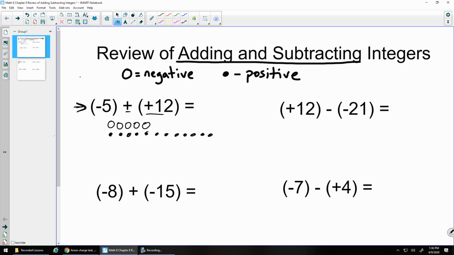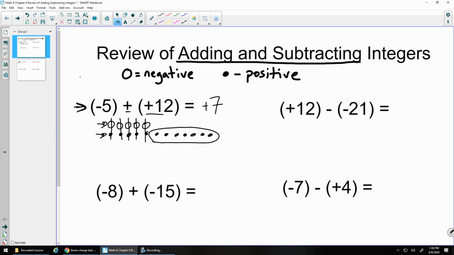Here are my 5 negatives and here are my 12 positives. Now you have to remember, 1 negative and 1 positive together is a zero pair, so that equals 0. All of those cancel out, and what I have left is my answer: 1, 2, 3, 4, 5, 6, 7 positives. So my answer is positive 7.